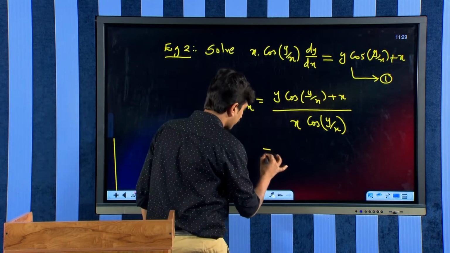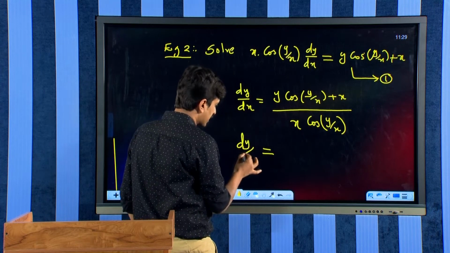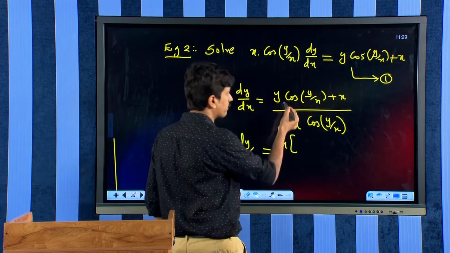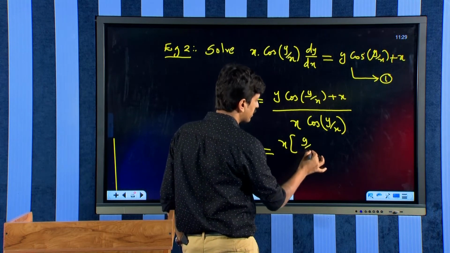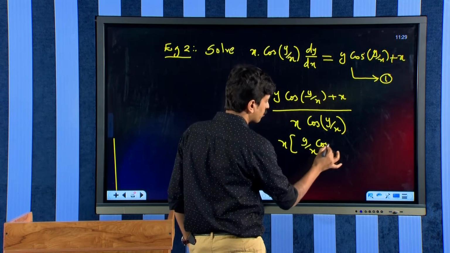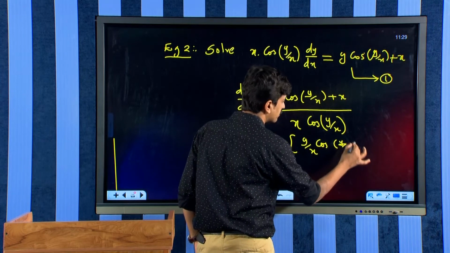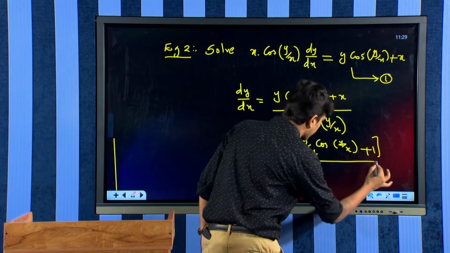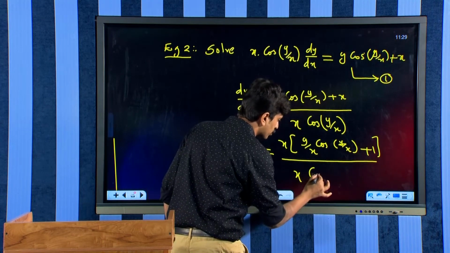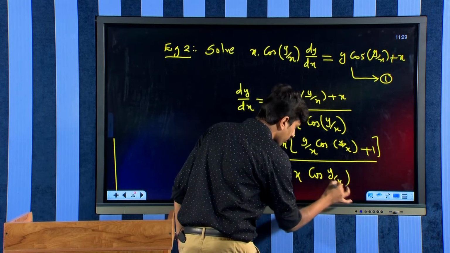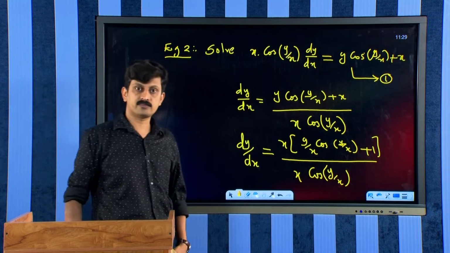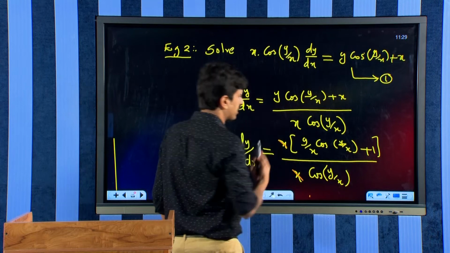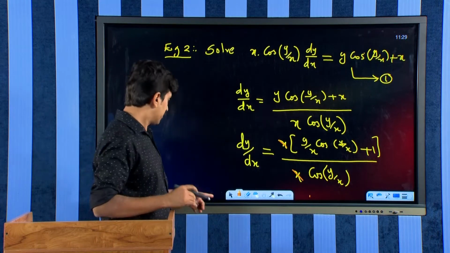For that, taking x outside, we have (y by x) cos(y by x) plus 1, divided by x cos(y by x). Now x and x we can cancel.